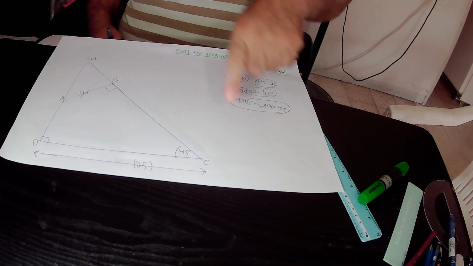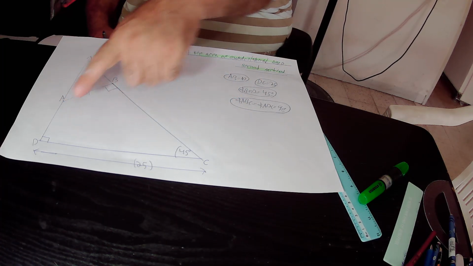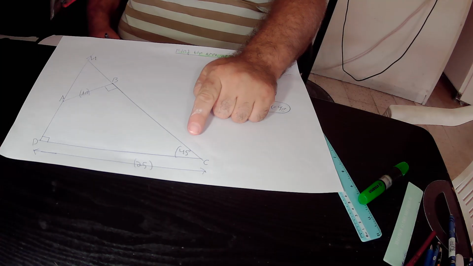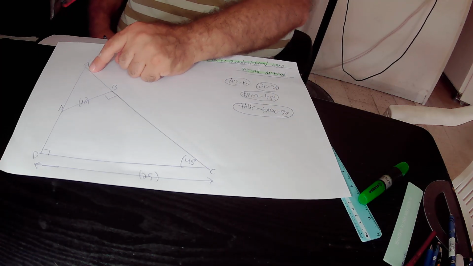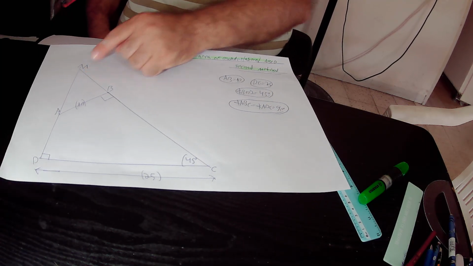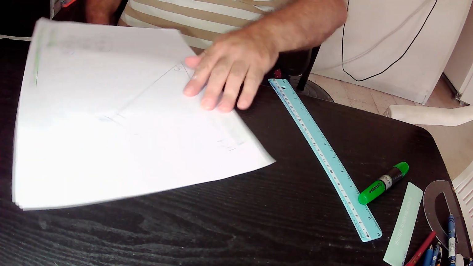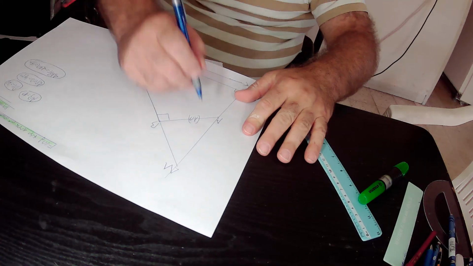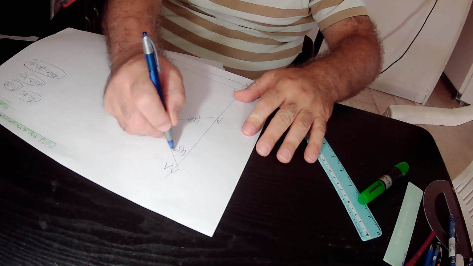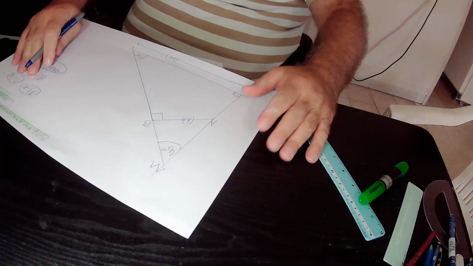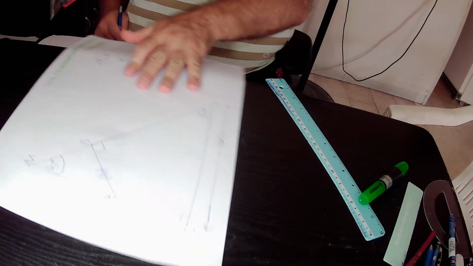In the big right triangle MCD, this angle equals 90 degrees, this angle equals 45 degrees, and therefore this third missing angle must be equal to 45 degrees in its size, according to the rule that the sum of the angles in any triangle is equal to 180 degrees. We focus on the big right triangle MDC.